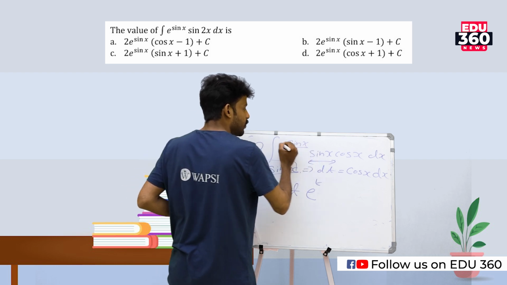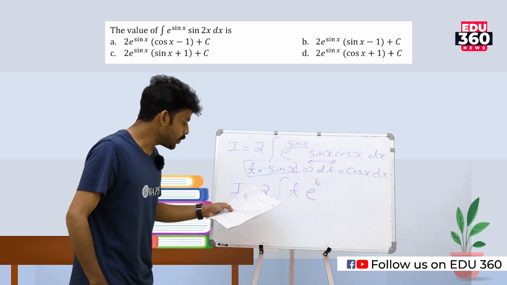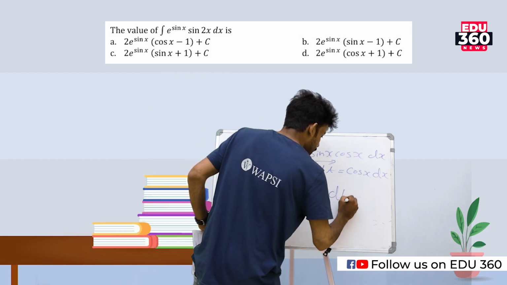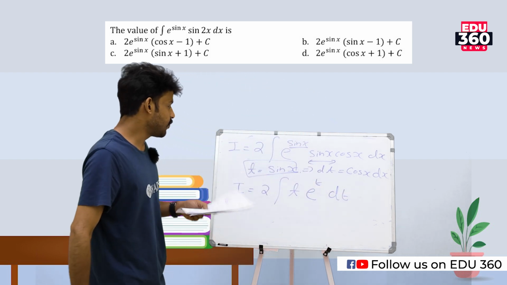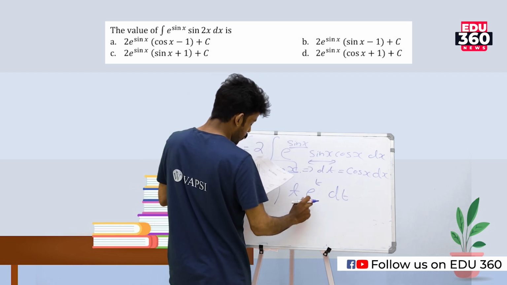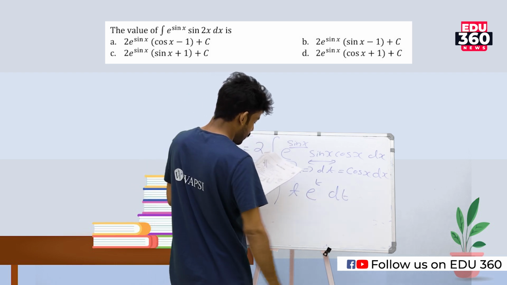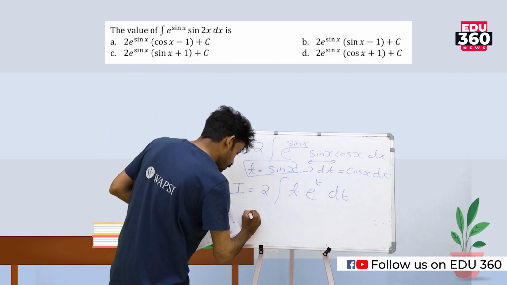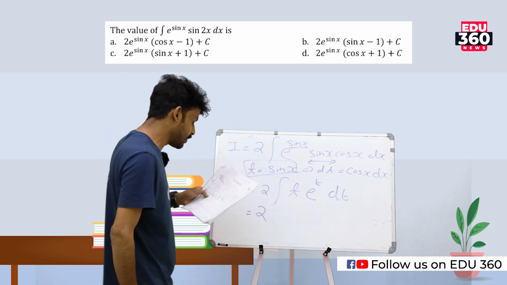So I is equal to 2 into the integral of t into e raised to t dt.